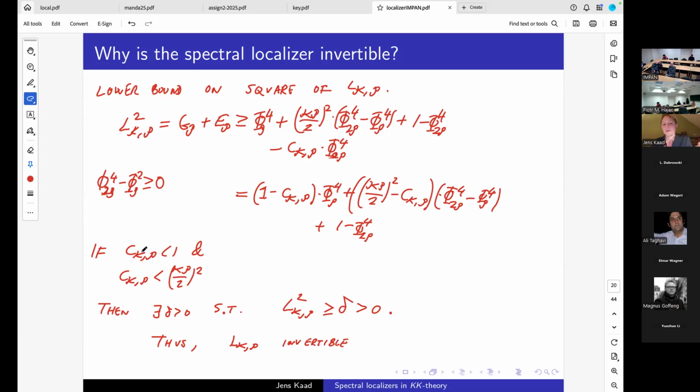And because of the nature of this constant c kappa rho, you can see that you can choose kappa and rho such that these strict inequalities are satisfied. So that's why the spectral localizer is invertible once I choose kappa and rho appropriately.